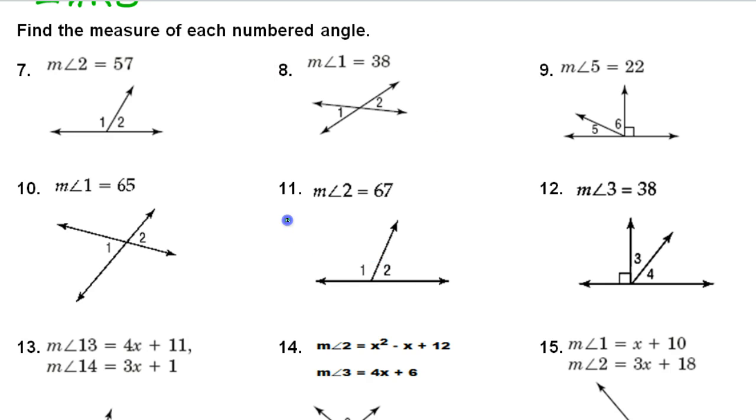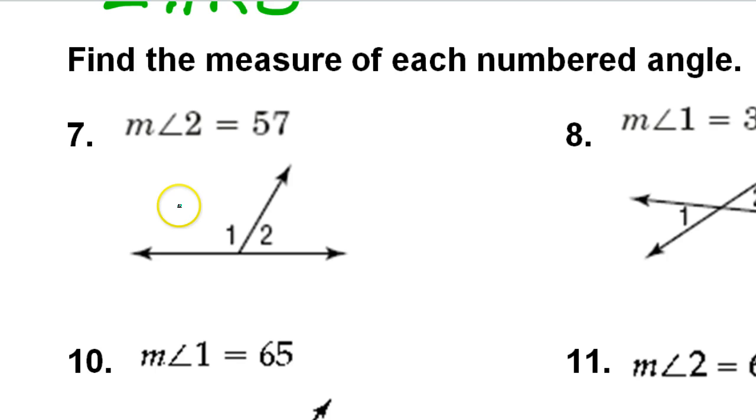Alright, so now it's time to solve some things. We're supposed to find the measure of each numbered angle. Well, the measure of angle 2 is 57. If that's 57, then these two have to add up to 180.